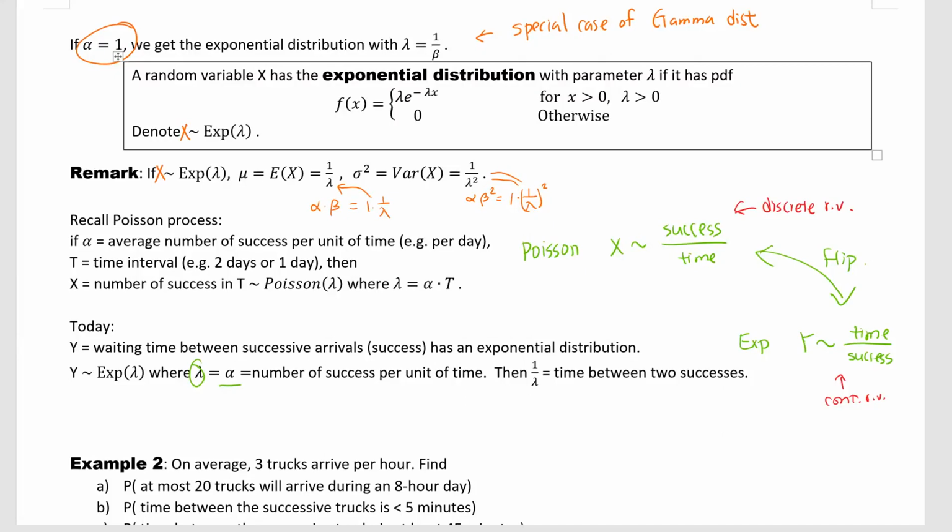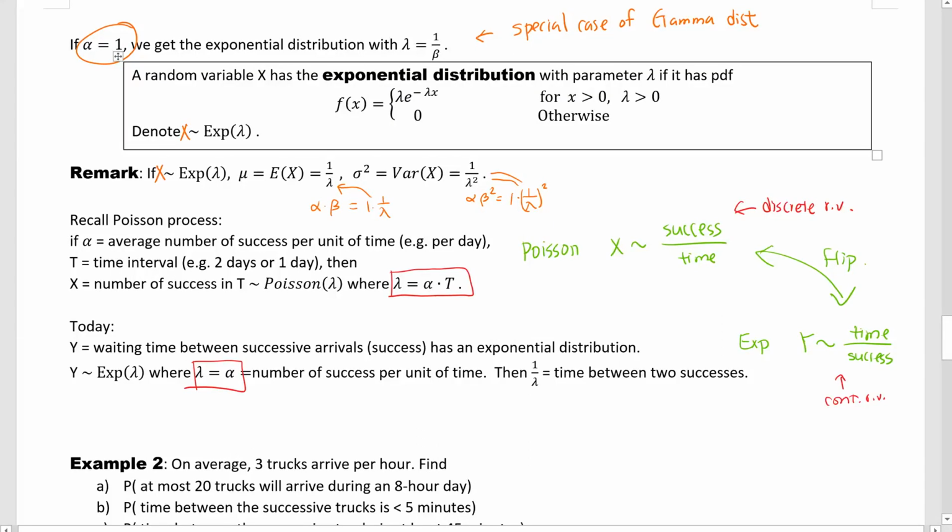For the Poisson distribution, lambda is alpha times t, but for the exponential distribution, lambda is just alpha. Usually you will see these two distributions in the same problem, so you need to identify when to use the Poisson distribution and when to use the exponential distribution.